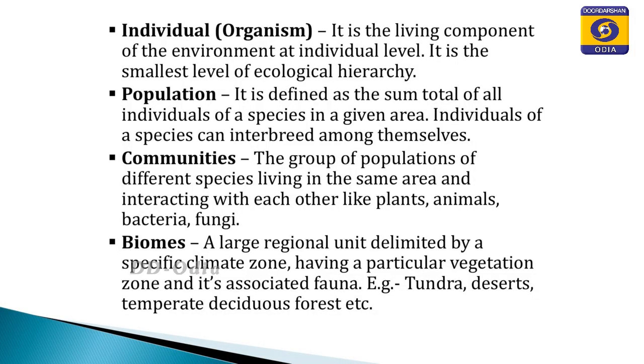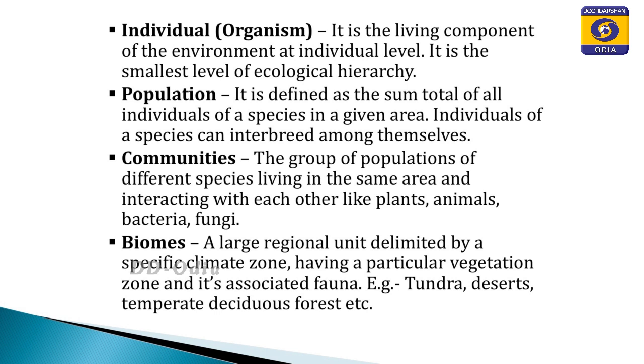Then the third level of organization in the hierarchy is communities. A community is a group of populations of different species living in the same area and interacting with each other, like plants, animals, bacteria, fungi, etc. Then comes a larger one, the biomes, a large regional unit delimited by a specific climate zone having a particular vegetation zone and associated fauna.